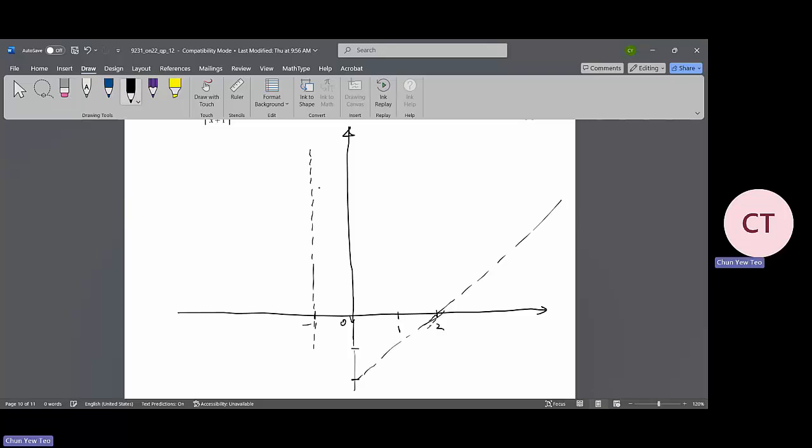Your graph is supposed to be like this. Minimum here. Then this one has to reflect. This portion has to reflect. So over here, I erase it and I reflect the graph. This portion has been reflected.